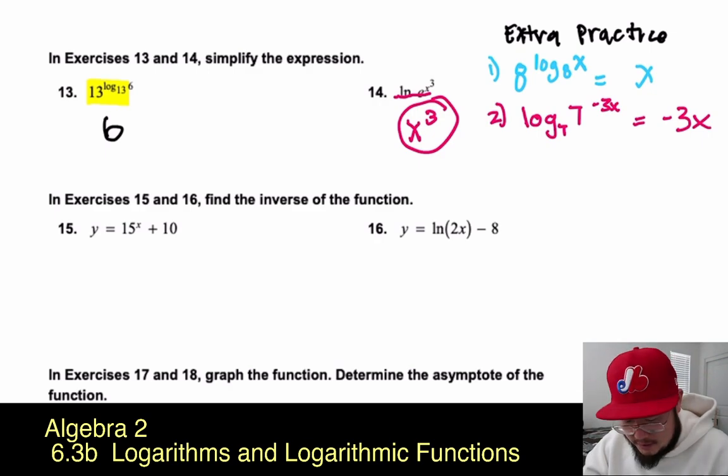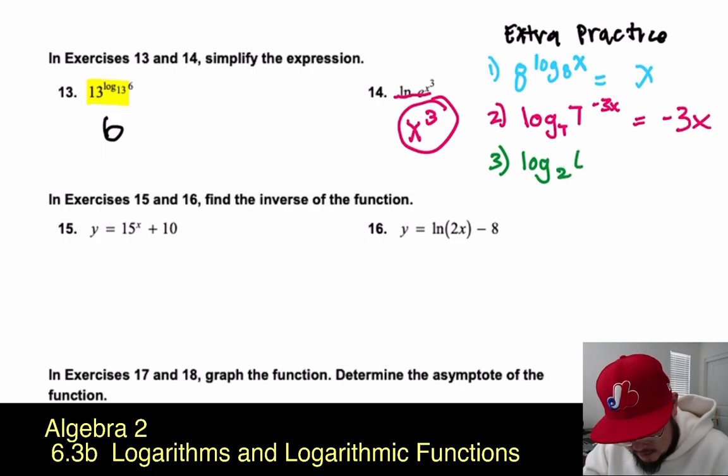In the third extra example, I have log base 2 of 64 to the x power.